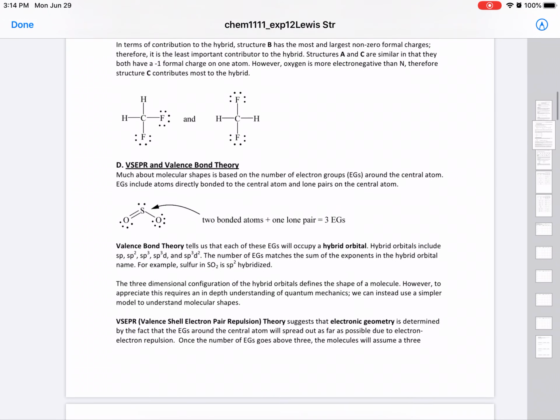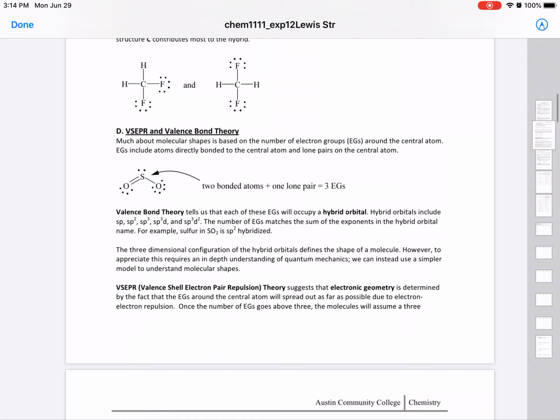And then the VSEPR theory and the valence bond theory. VSEPR tells us how the electron groups are arranged in space to give minimal repulsion between the bonding pairs of electrons or the lone pairs.